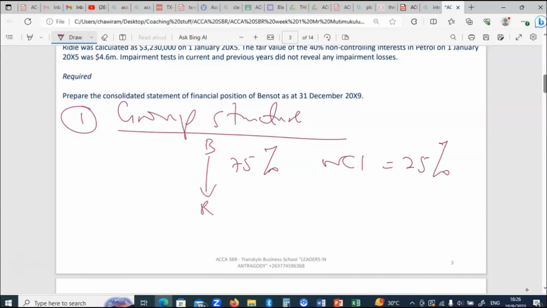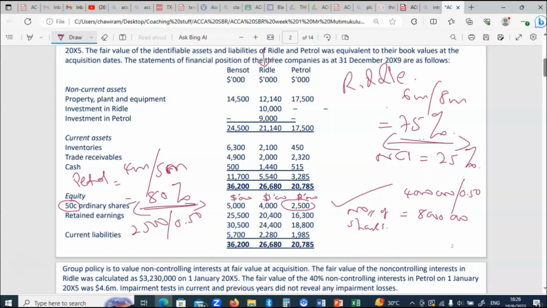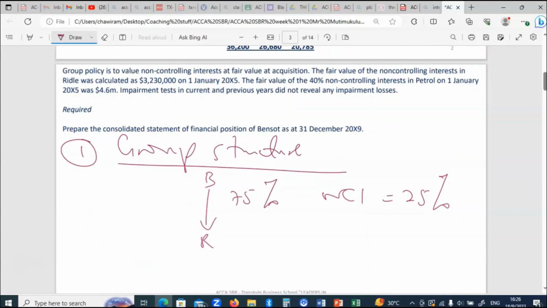Okay, but we are told that this took place on 1 January 2005. So this was 01 01 20x5.